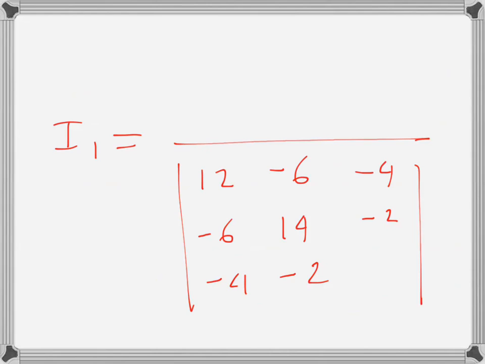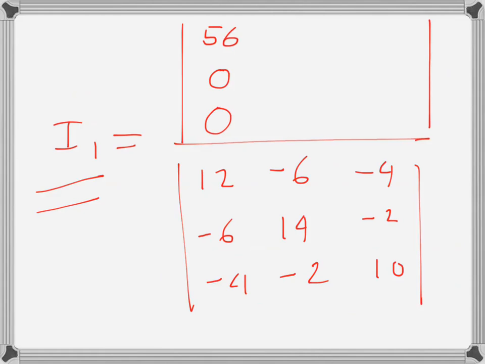Essentially the first column is the coefficients of I1, the second the coefficients of I2, and the third the coefficients of I3. And in the numerator, since I am trying to find I1, the first column will be the right hand side, 56, 0, 0, and the other two columns will be the same: 14, minus 2, minus 4, minus 2 and 10.